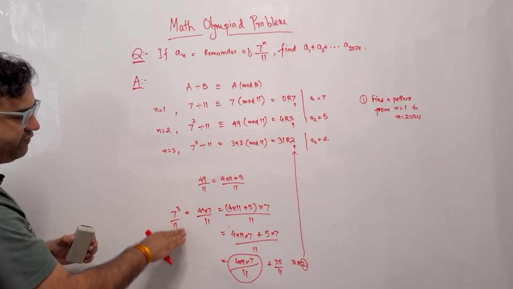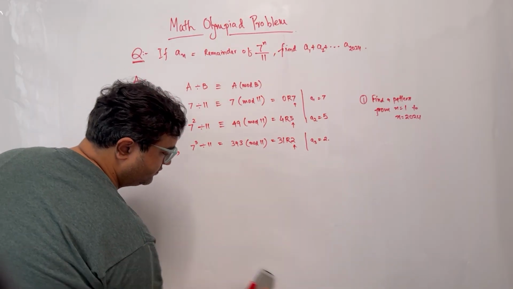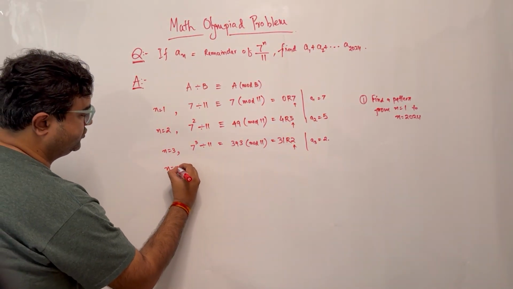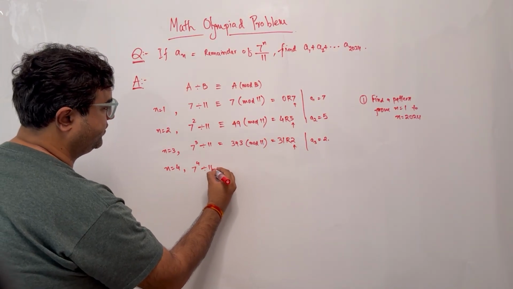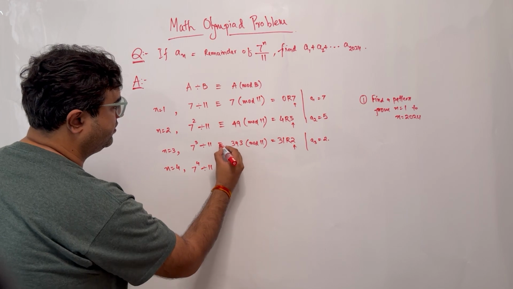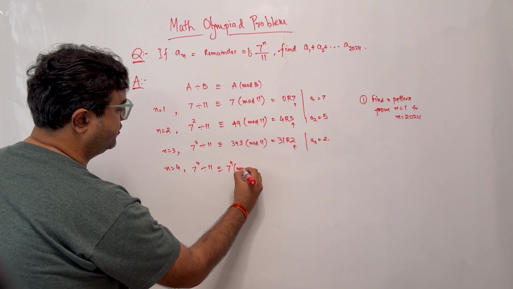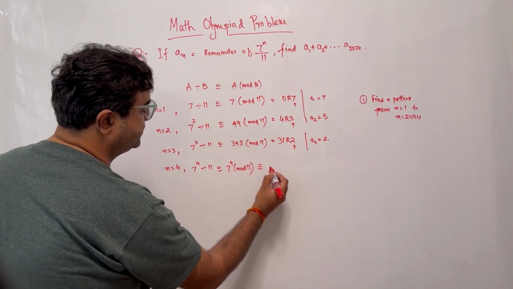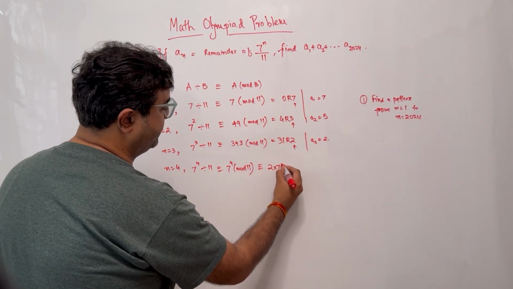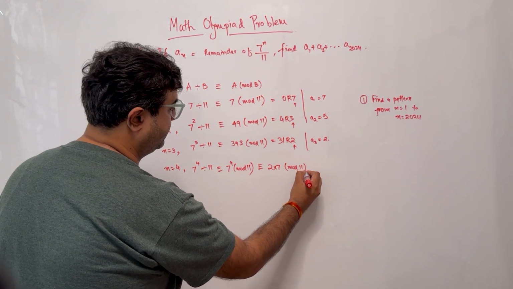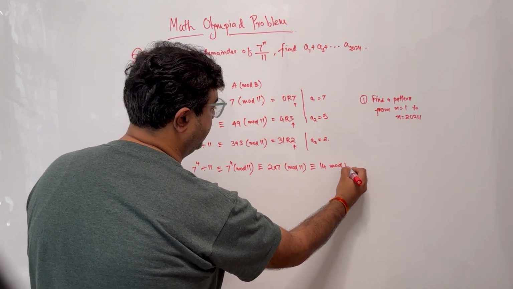Let's write down a few more terms. So let's say n is equal to 4, which is 7 to the 4 mod 11, which is congruent to 2 multiplied by 7 mod 11. So this is congruent to 14 mod 11.